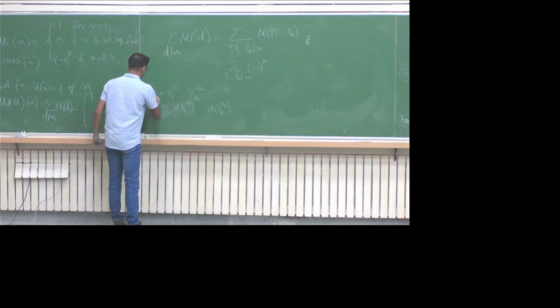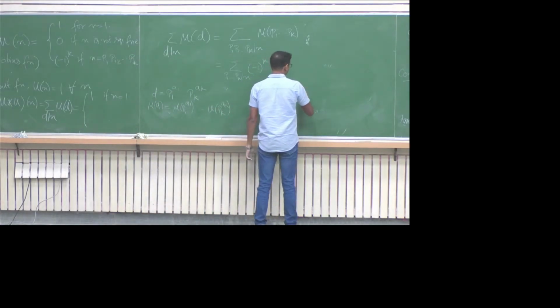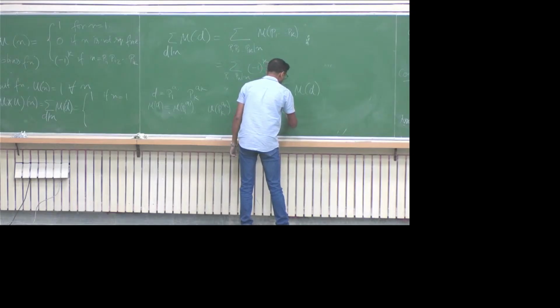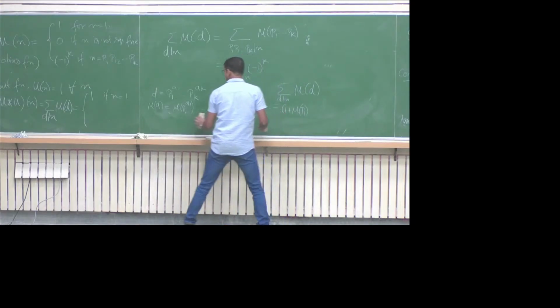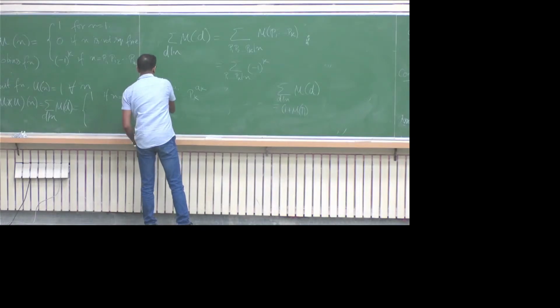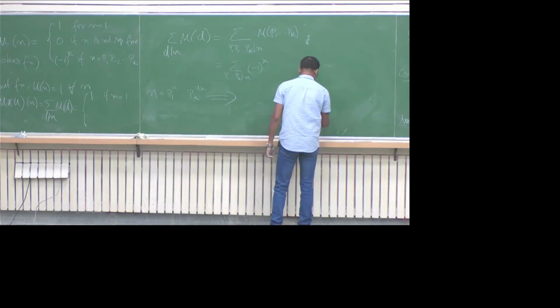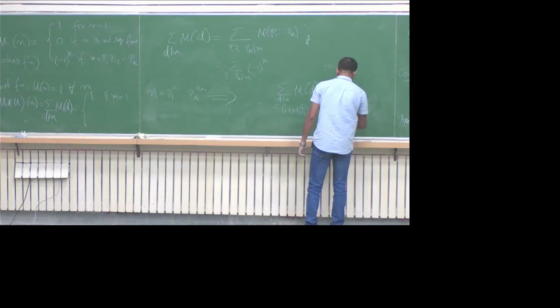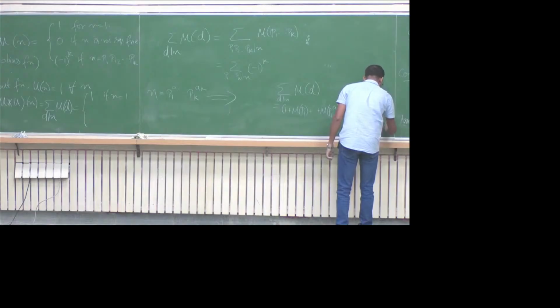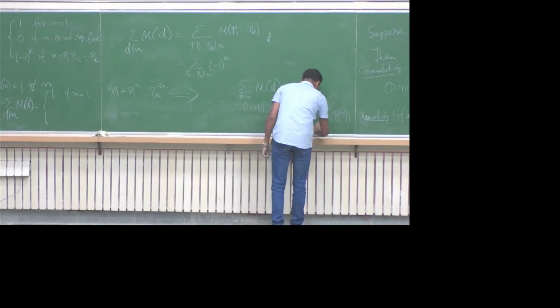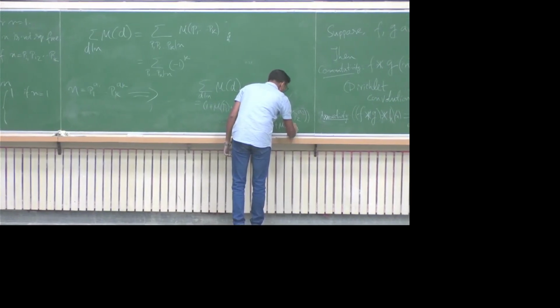So instead of writing this here, you want to write this sum of mu of d, if n is of this form, as 1 plus mu of p1 plus mu of p1 squared and so on, times 1 plus mu of p2 plus mu of p2 to the power a2, up to 1 plus mu of pk plus ... mu of pk to the power ak.